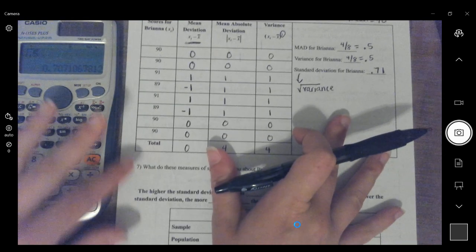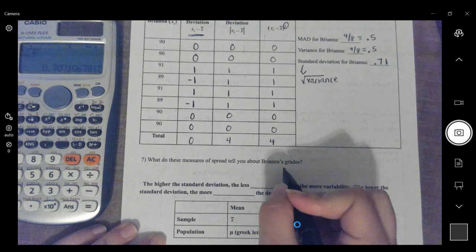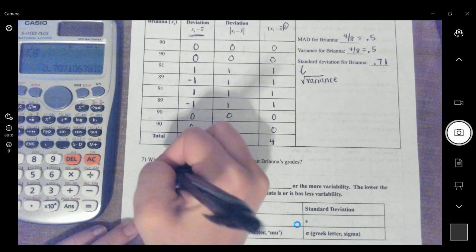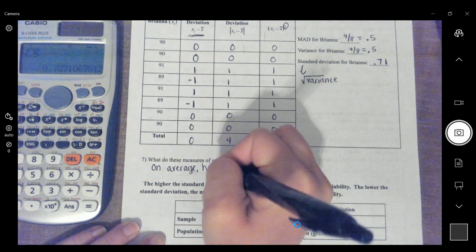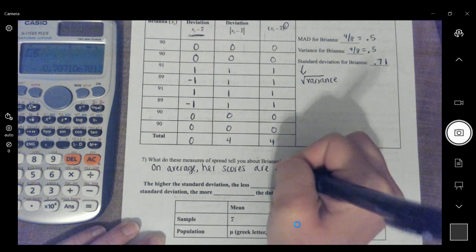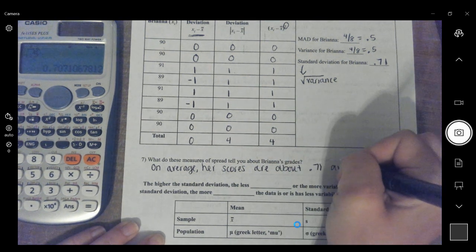So Brianna's grades, it says, what do these measures of spread tell you about Brianna's grades? And we'll use the standard deviation. So on average, her scores are about 0.71 away from the mean.